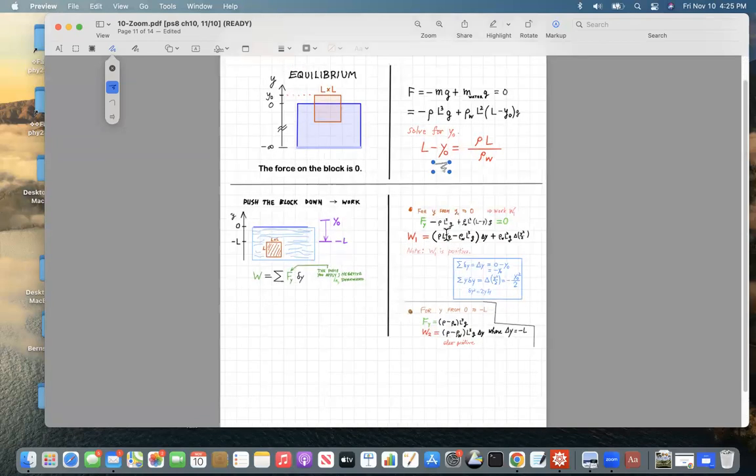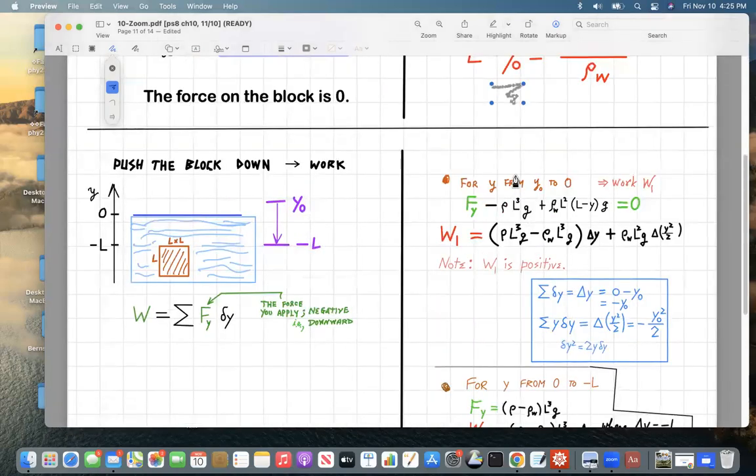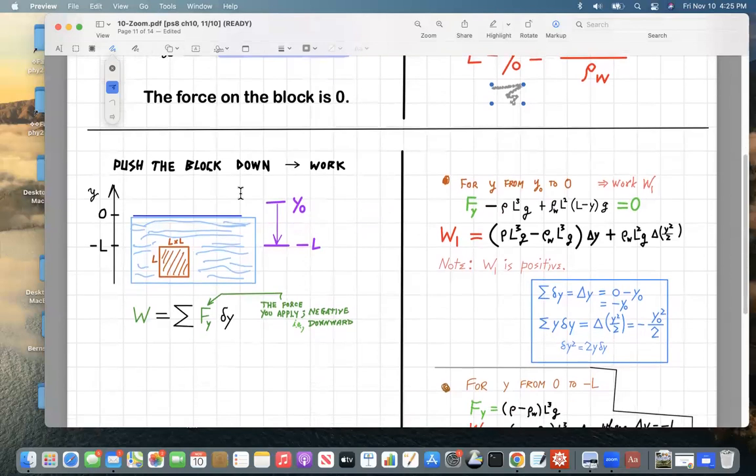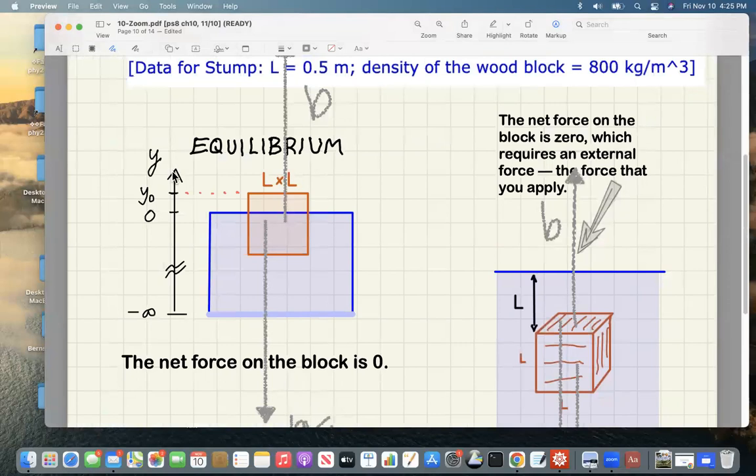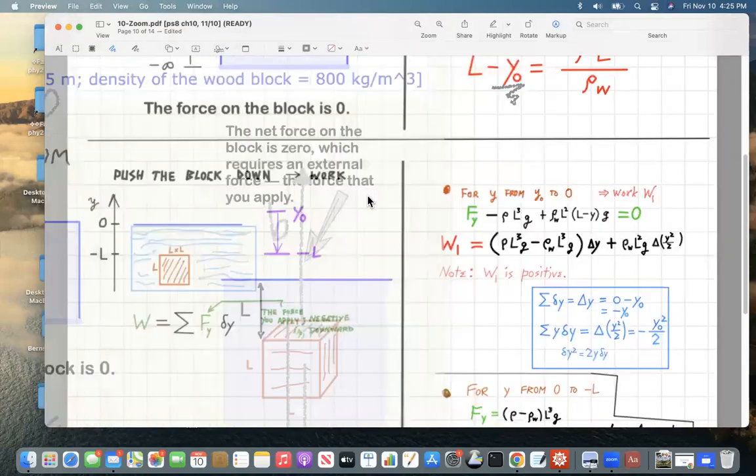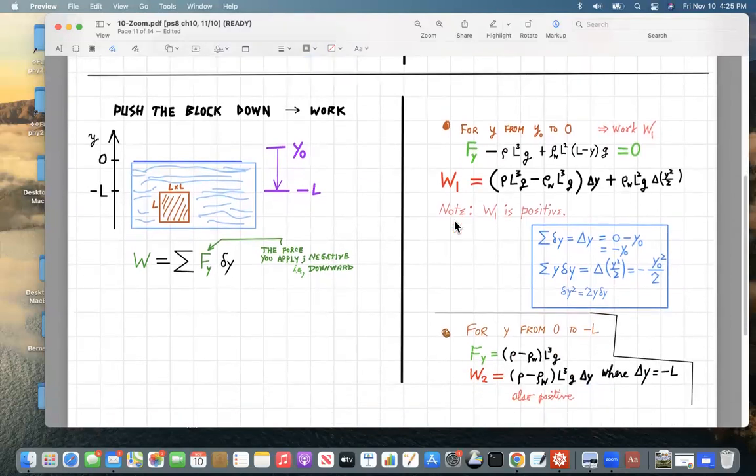Now, actually, the way to do this problem is to view it as two parts. First, you push the block until it's completely submerged. So the first part of the problem is push the block from y0 to 0. You push it down until it's completely submerged.